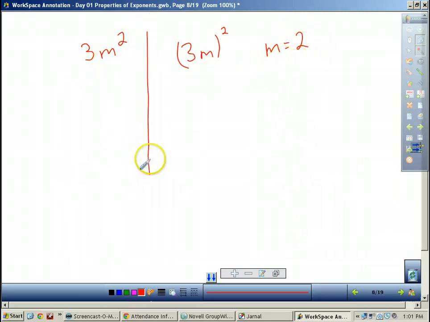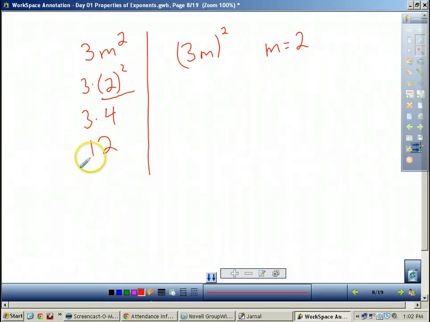How would you solve the one on the left? You would do this, right? And then what? Squared. Just the m is being squared. The 3 is not being squared. Just the 2 here. So you get 12. Remember this?